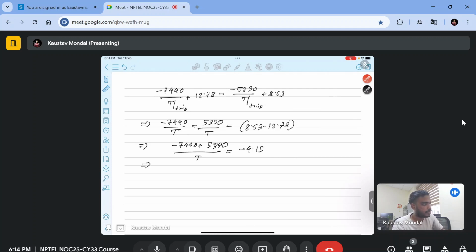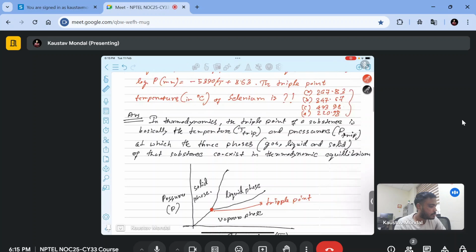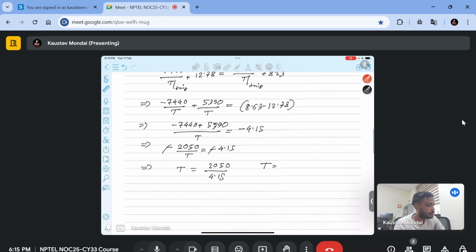Doing the subtraction gives -2050 by T equal to -4.15, so T equals 2050 by 4.15, the minus signs cancel, and T comes to around 220.45 Kelvin.